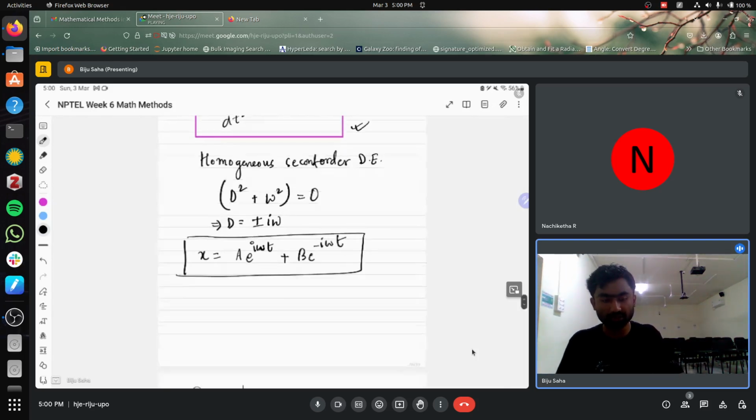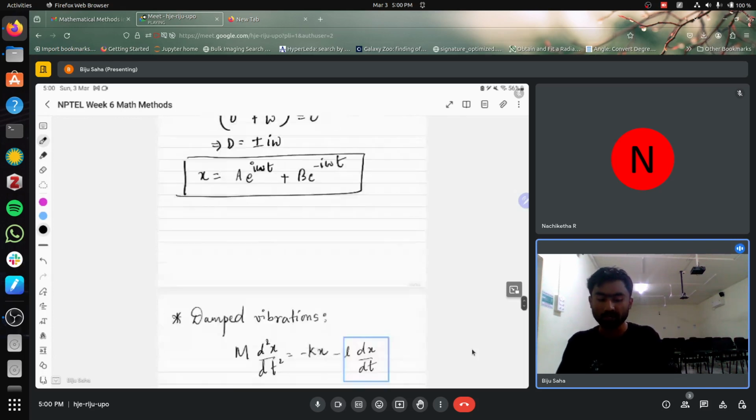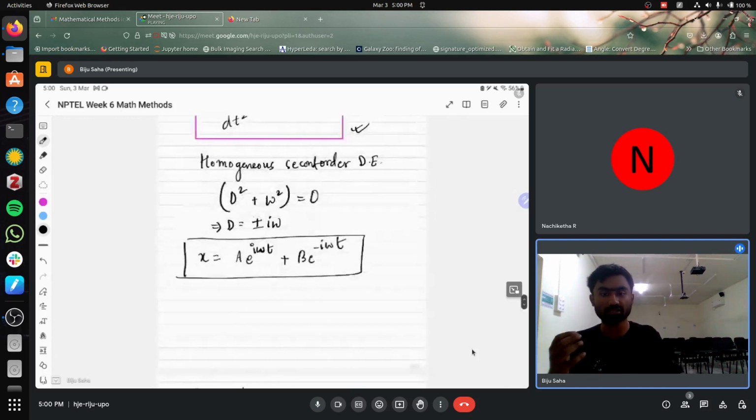So how the displacement x varies with time can be studied from here. It is a e to the power i omega t plus b e to the power minus i omega t.